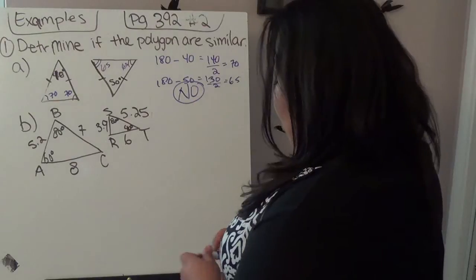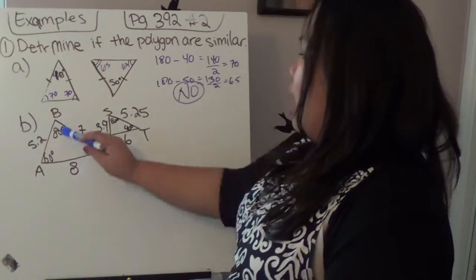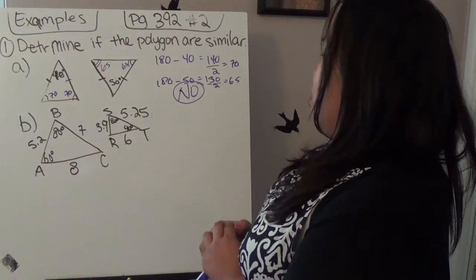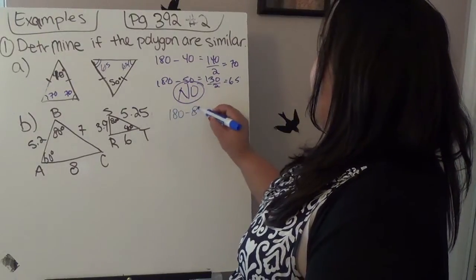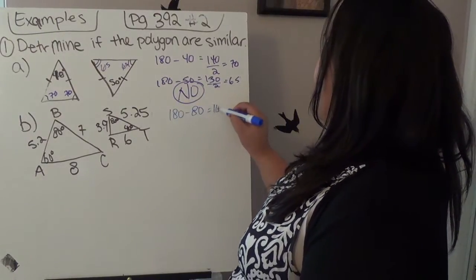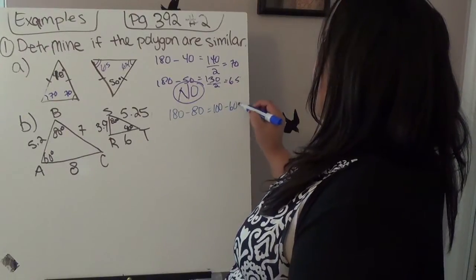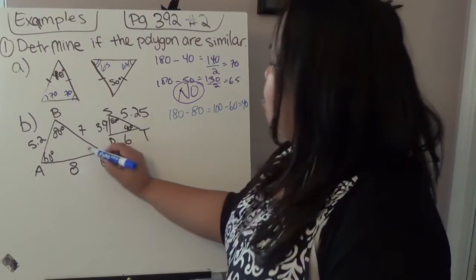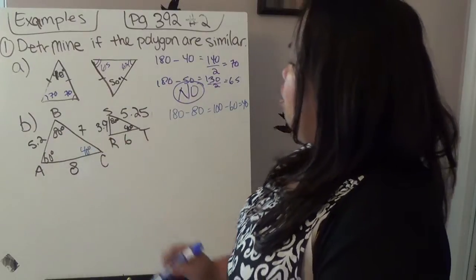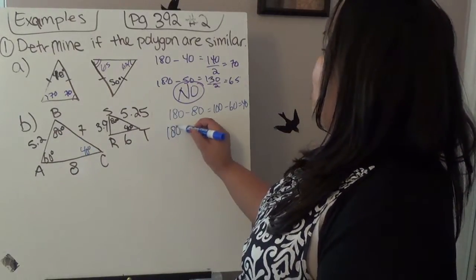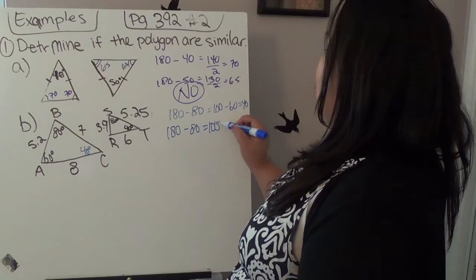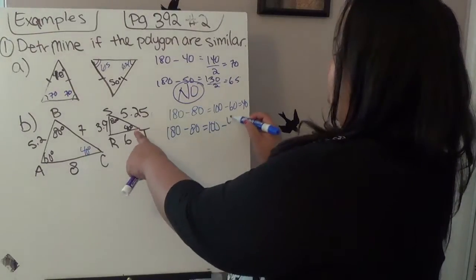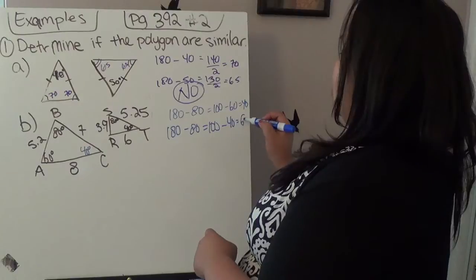Now, we can do the same thing here. 80 and 60. So 180 minus 80 is 100, and minus 60 is 40. So that means this remaining angle is 40 degrees. This is 180 minus 80, which gives us 100, minus 40, which gives us 60.